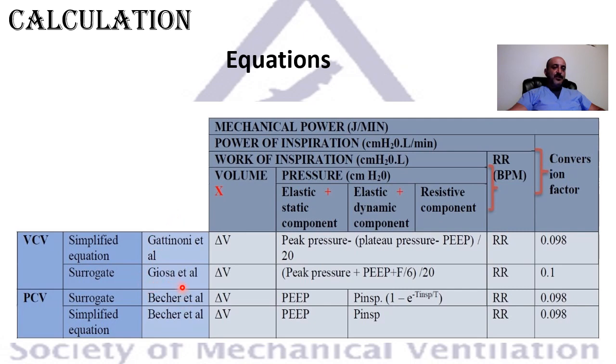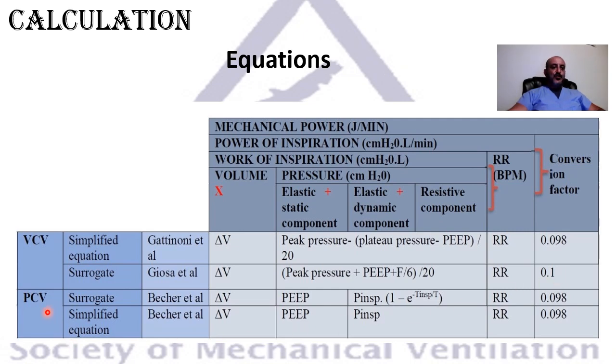Another equation by Giosa: the change in tidal volume multiplied by the peak inspiratory pressure plus the PEEP plus the flow divided by 6, all divided by 20, and multiplied, of course, by the respiratory rate and the conversion factor. I think they made it 0.1 instead of 0.098.